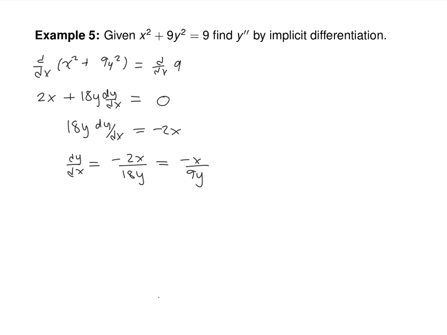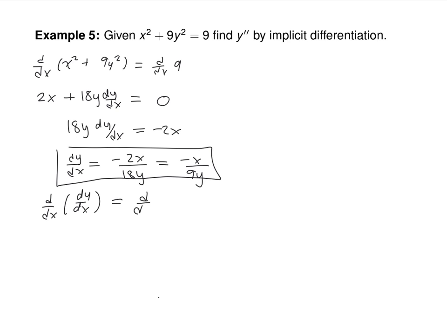It's kind of my fault, but I don't think we've discussed what this dy over dx notation looks like for second derivatives. I don't think I've told you, so I'll tell you now. It looks weird, but it's not super bad. So everyone's okay with the first derivative, right? Okay. So now we're going to find the derivative of the first derivative, which is equal to the derivative of this.